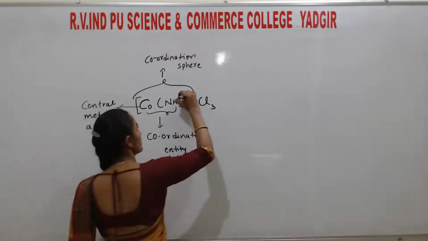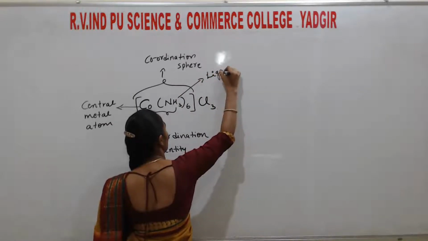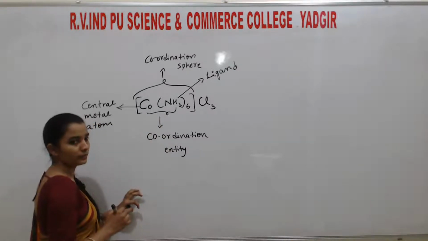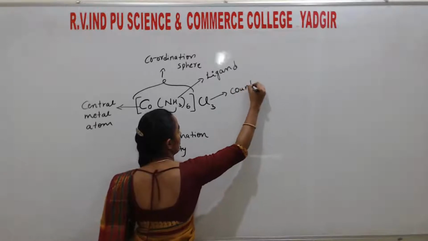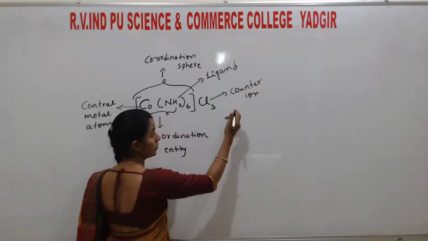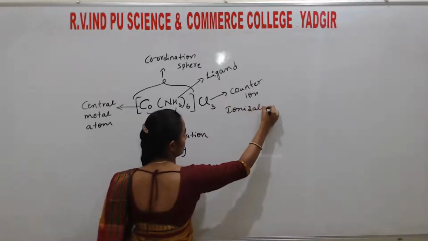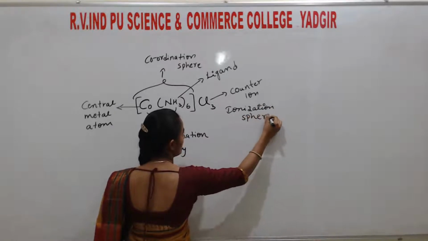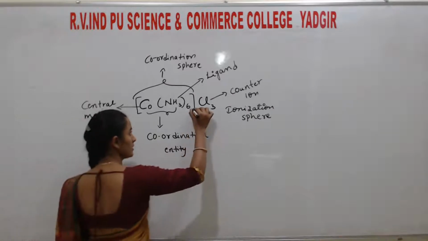This NH3 is the ligand. This is the outer ion, and this is also called as ionization sphere.